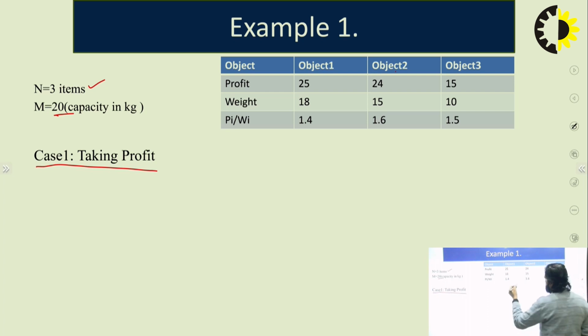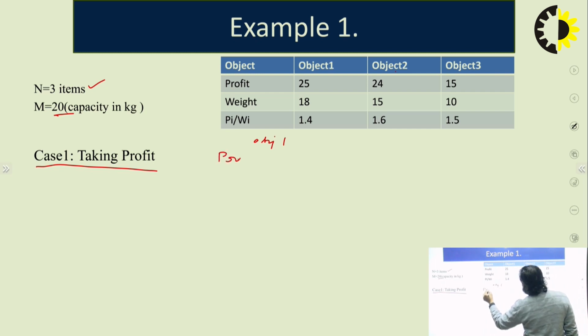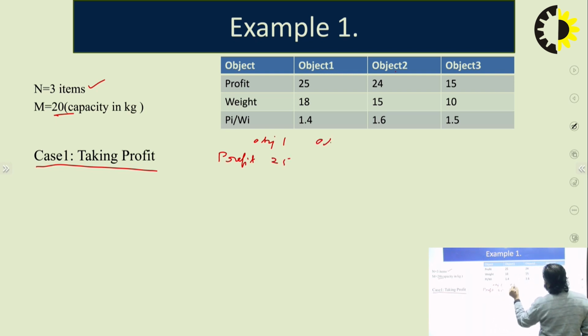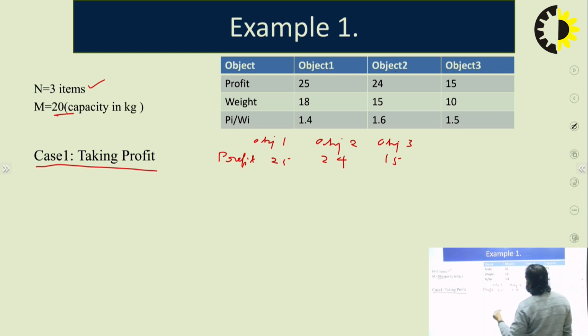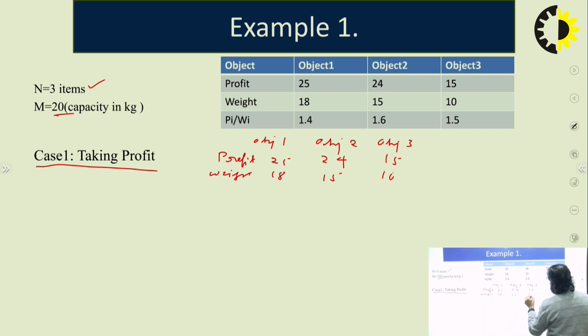Object 1 has profit 25, object 2 has profit 24, and object 3 has profit 15. That is the order by profit. The corresponding weights are 18, 15, and 10.